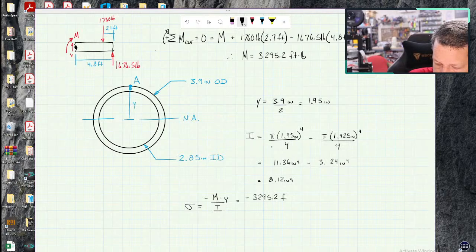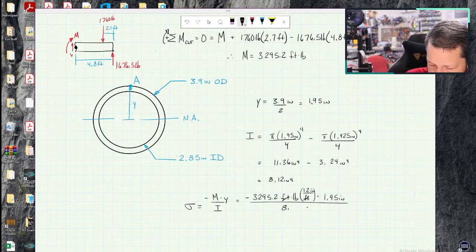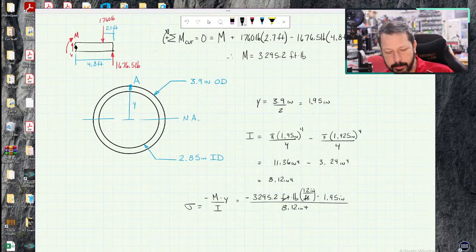3,295.2. Those are foot pounds, though, so I'm going to convert that over to inch pounds. 12 inches per foot. Y was already in inches, and I was in inches to the fourth. So now my final answer should be in pounds per square inch, which is PSI.